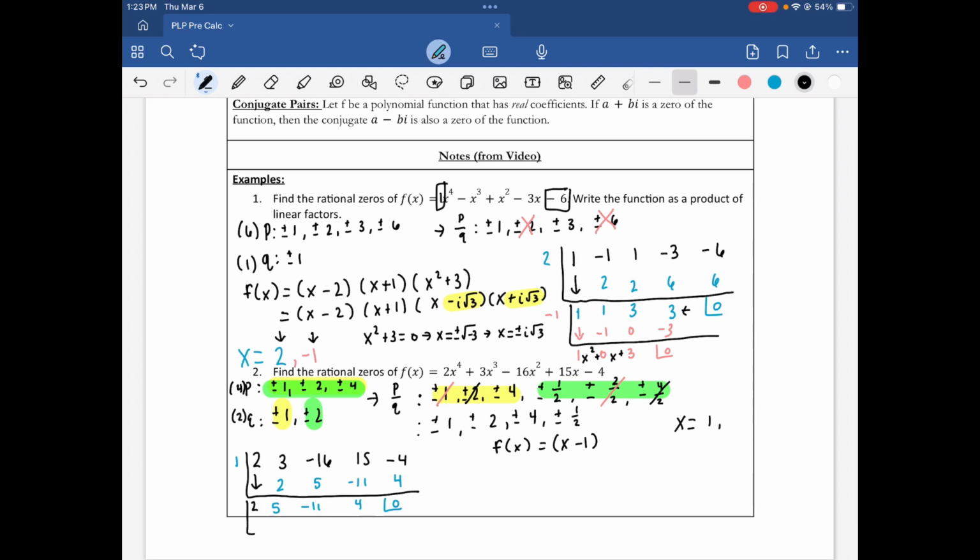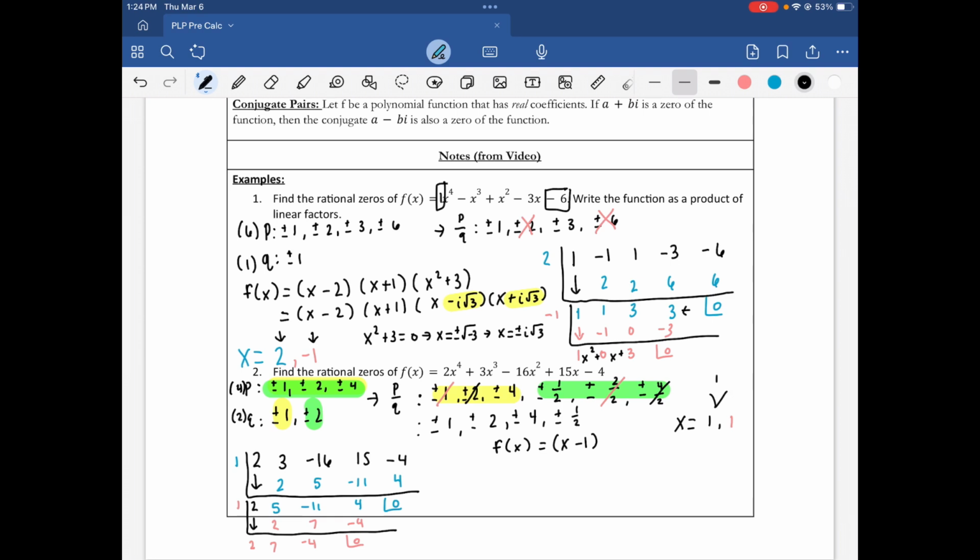And then I'm going to do my synthetic division again. Again, I already know what these values are. This one is going to be one where we actually have a repeat 0. So this time we couldn't rule any zeros out, but we can have the same 0 again. So I'm going to drop my 2, then I'm going to multiply, add, multiply, add, multiply to get to my remainder of 0. So we actually have another 1.